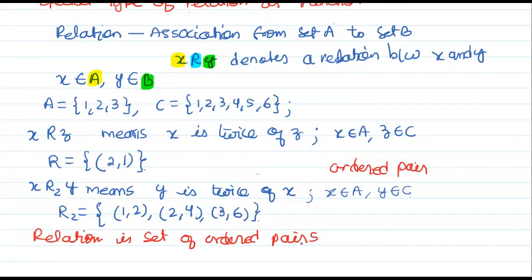The relation is a set of ordered pairs, like first element and second element. The first element is from set A, and the second element is from set C. And Y is twice of X. So there will be three elements in the relation R2 and only one element in the relation R. Like that we define the relations.